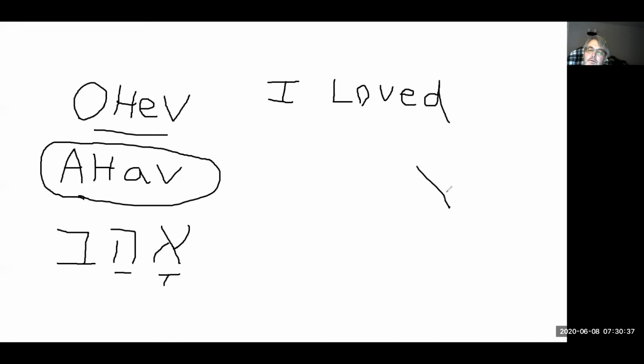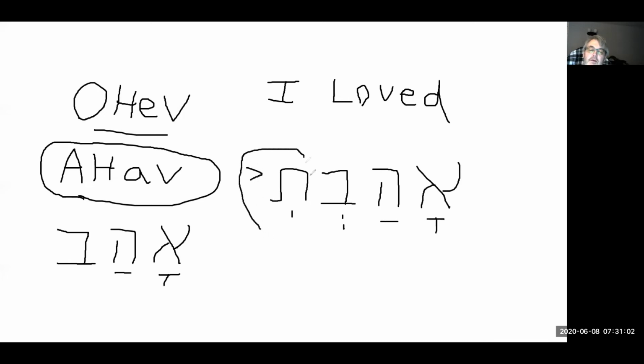You take your three-letter root, aleph, hey, vet, put my pa'al vowels in there, and then put a shva under my final consonant, add my tav, my hirik vowel, and my yod, which gives you that T sound on the end. So you have ahavti, ahavti. Now in this case, the shva is silent.